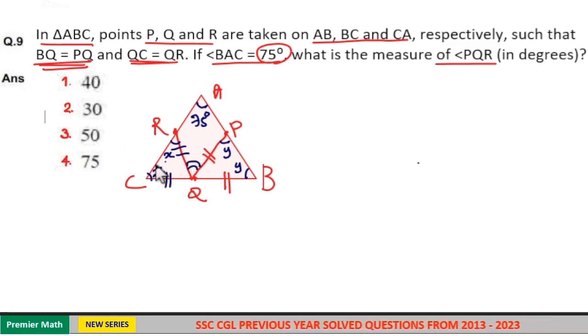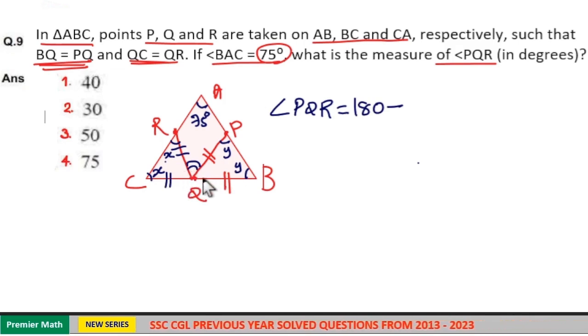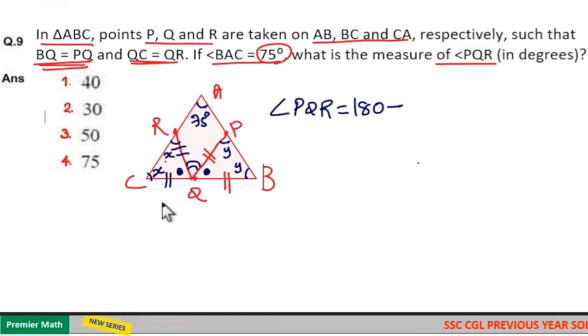In that case, here we have to find angle PQR, which is equal to 180 minus, that is here BC is a line and sum of angles on a line is equal to 180 degrees. So this angle PQR is equal to 180 minus this angle plus this angle.